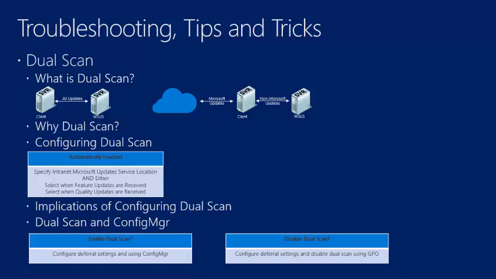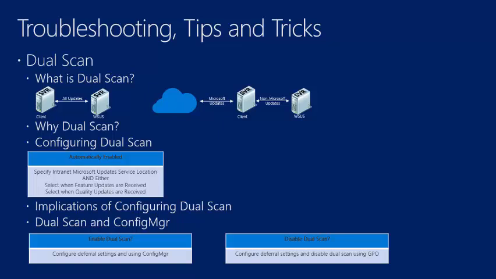A little bit more detail, right? So dual scan specifically in Config Manager, if you are going to use Config Manager to deploy the deferral policies, you are going to want to be on Config Manager 1706. Right? A 1702 client will accept the deferral policies, but then it will periodically overwrite them and just blank them out. Right?